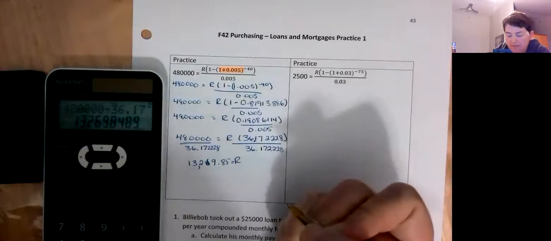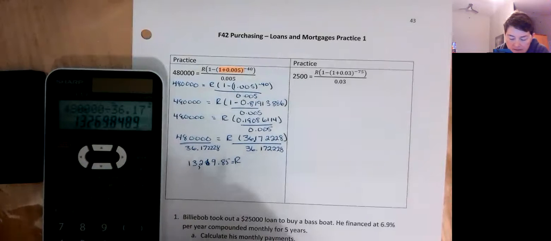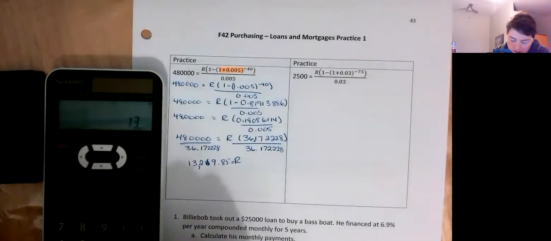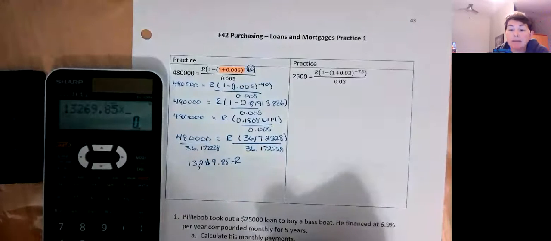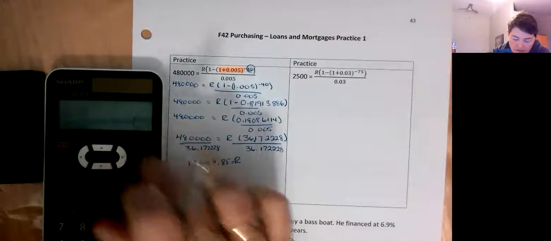So that seems like I may have made a mistake. That seems really, really high, doesn't it? Oh, let's do a quick check. If I go 13,269.85 times, now, this part tells me how many payments there were, times 40.